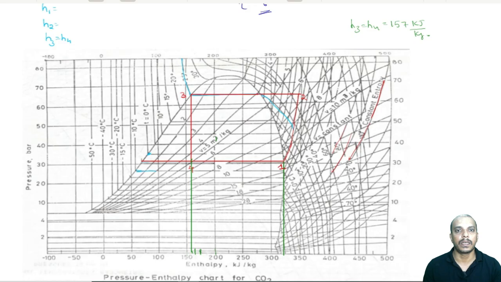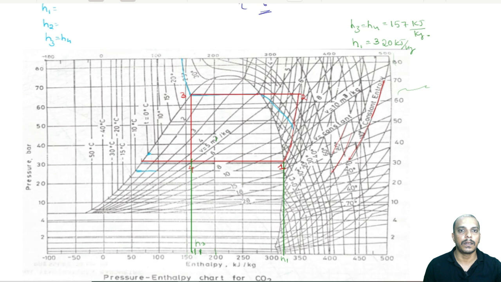So, we can take H1 is equal to, so this is our point 1. Okay, this is H1. This was our H3. Okay. So, 320 kilojoule per kg.